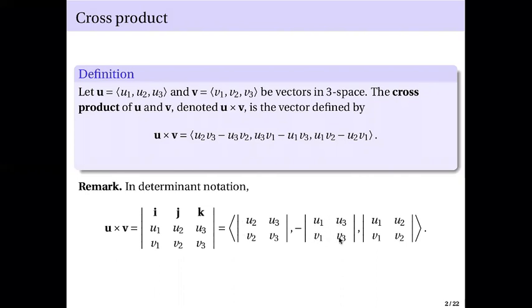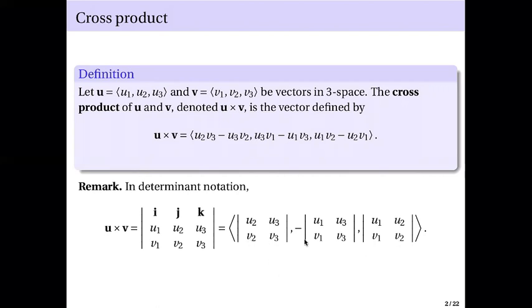For the second component, you remove the second components of u and v, so you have u1, v1, u3, v3, but don't forget the negative. And for the third component of u cross v, you remove the third components of u and v, and you compute the determinant of u1, u2, v1, v2.